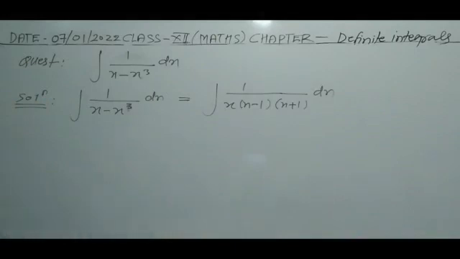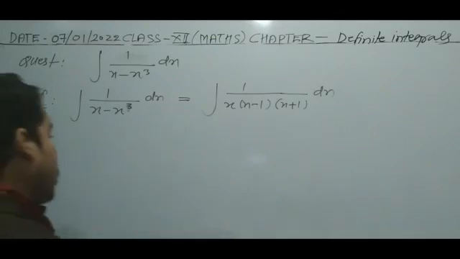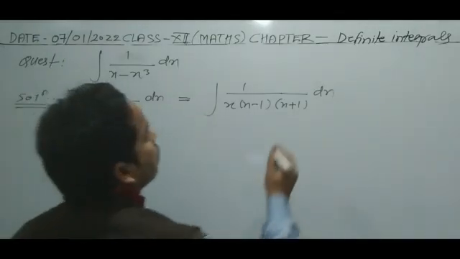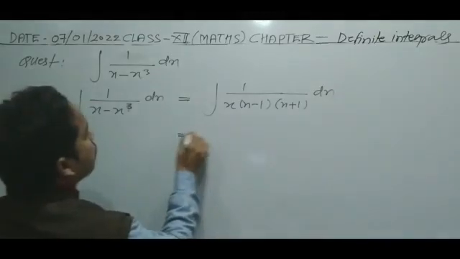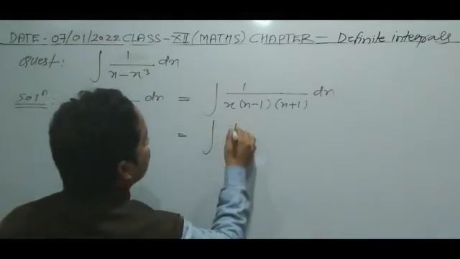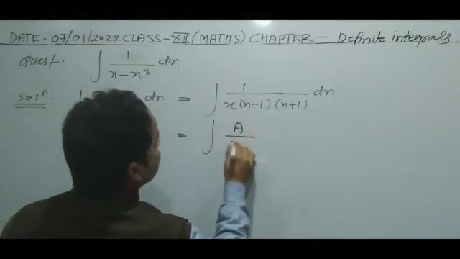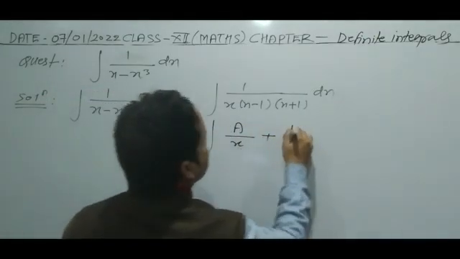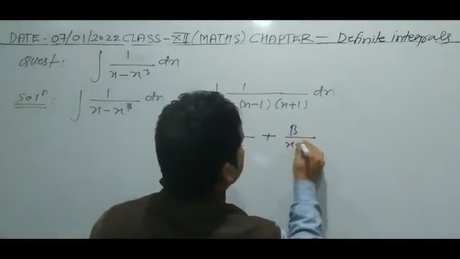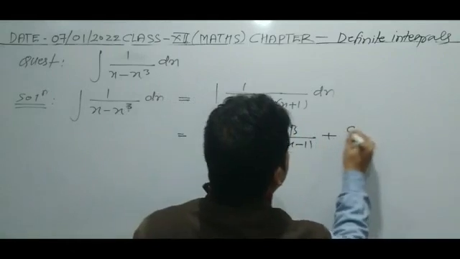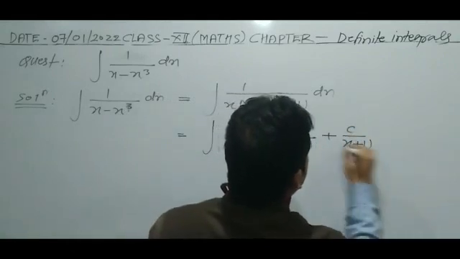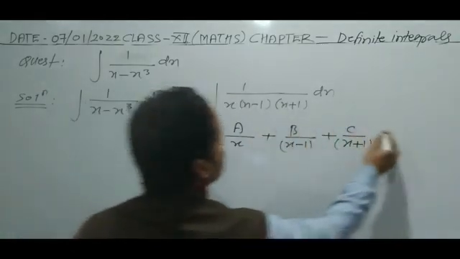Now we can split this. All three expressions are linear, so this can be expressed as a upon x plus b upon x minus 1 plus c upon x plus 1 dx.